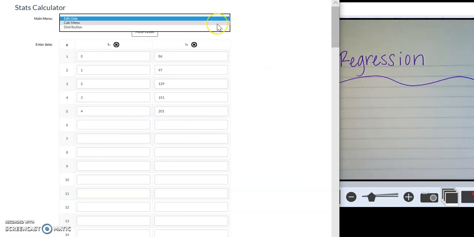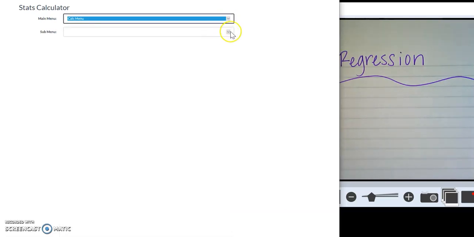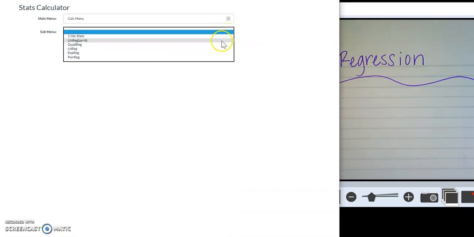Next thing we're going to do is go to the Calc menu, because what we're going to do is calculate. This is what your options are. There are more options on a graphing calculator, but we want to do the linear regression.